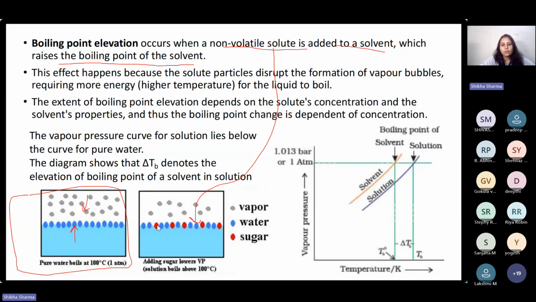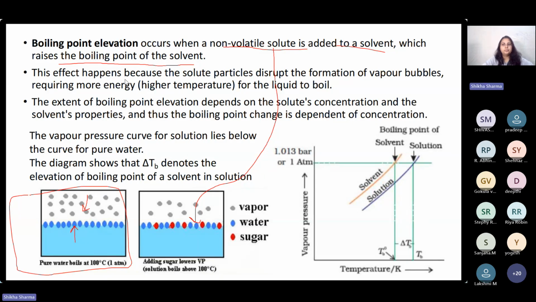It will occupy some of the space at the surface. Because of that, the boiling point of the solvent, which is water, is elevated. Now we need more temperature to boil that particular solvent, which is now in the form of the solution.